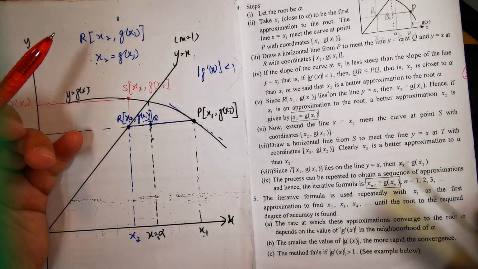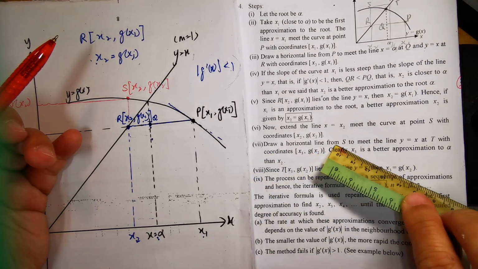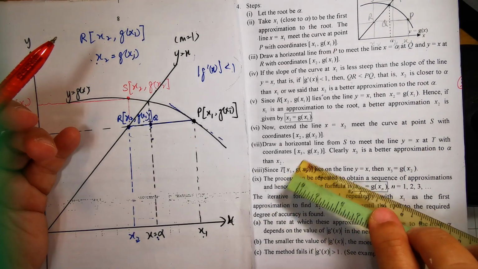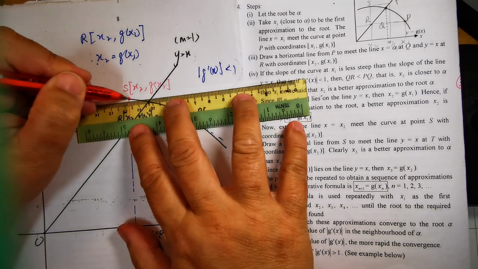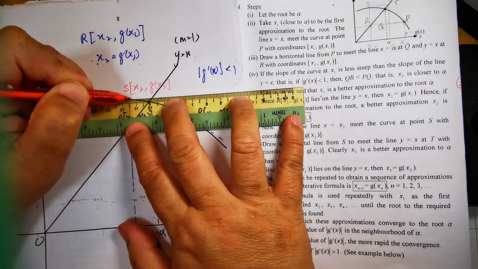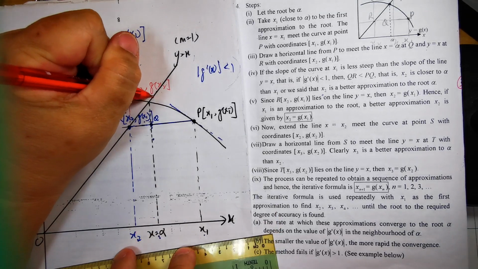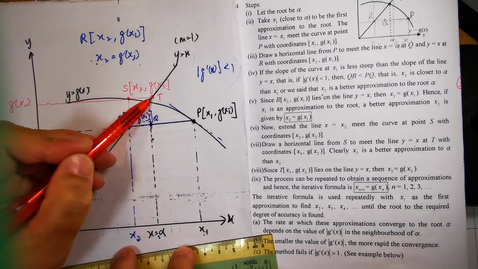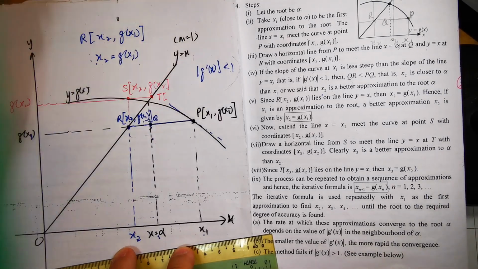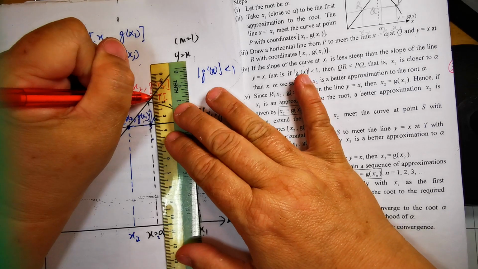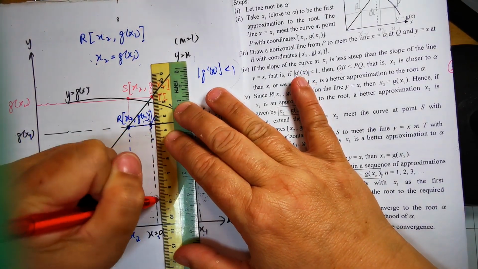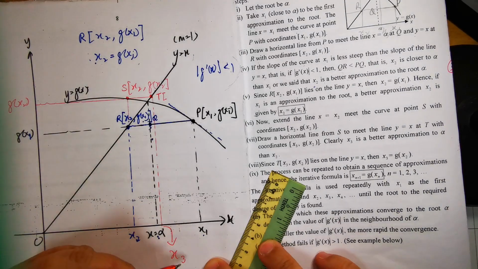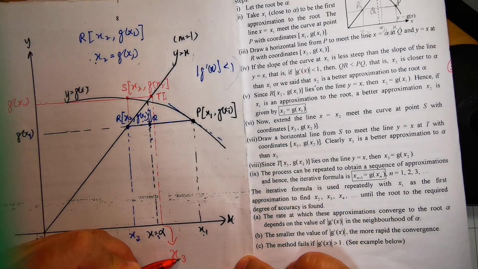Then we repeat the step again. Draw a horizontal line from S to meet the line y equals x again, and we label it as point T. Point T lies on y equals x. From T, we draw down and get our x3.